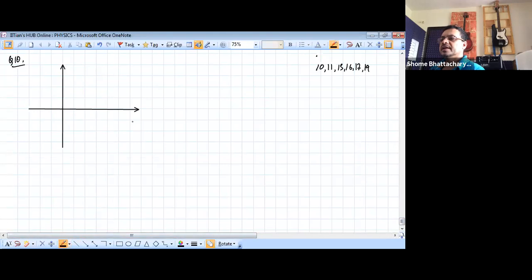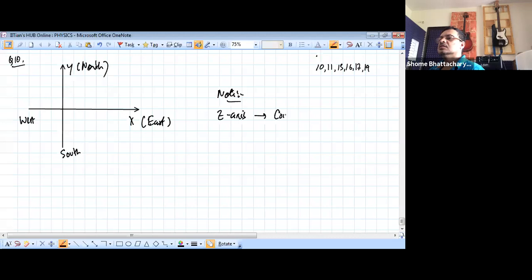Suppose our x-axis is pointing towards east. So our negative x-axis will be pointing towards west and our y-axis will be pointing towards north and negative y-axis is pointing towards south. Okay. So here also understand that in this case, the positive z-axis is coming out of the plane.